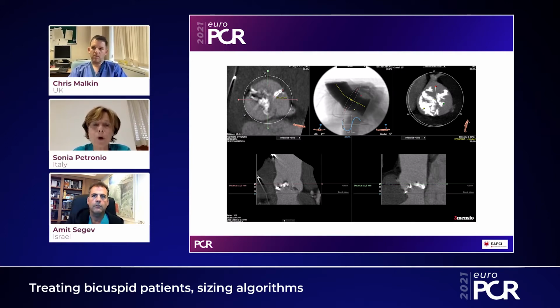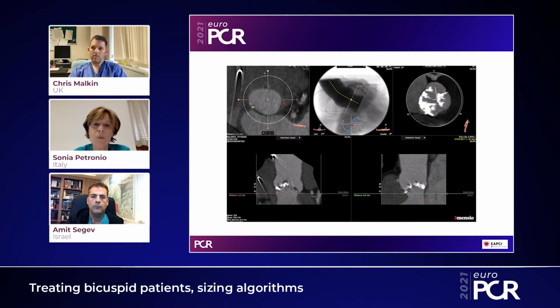This is a kind of bicuspid type 1, and you can see how long and how calcified the raphe can be, which is an entity that will never move a lot when you expand the valve. And then you go upwards and you see the amount of calcium throughout the system.